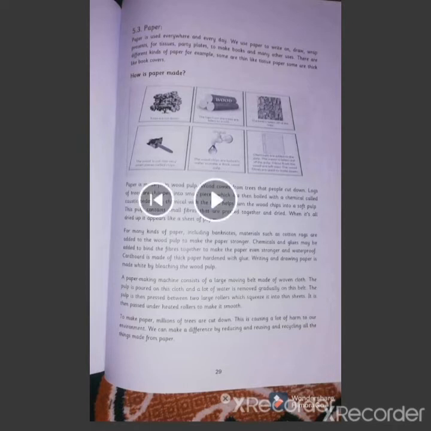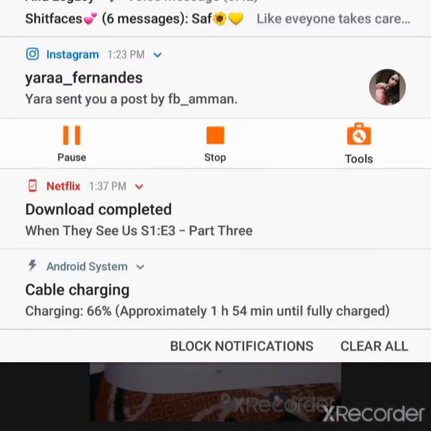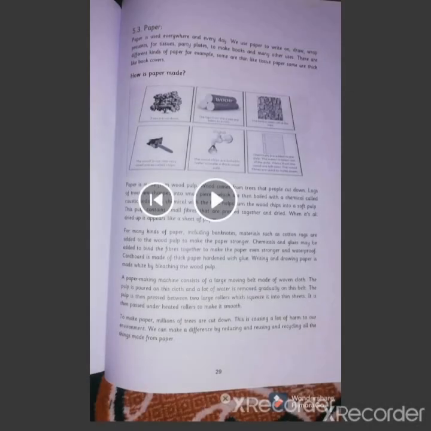After that, after it becomes this mushy thing, it's then all pressed together to make up paper after it dries.